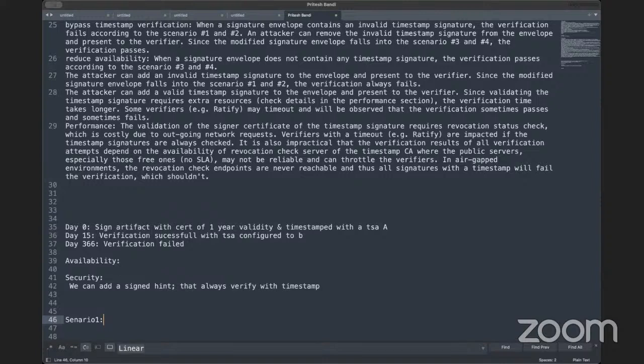Okay, let me put it the other way around. In the alternative which we were discussing, let's say your signing certificate is expired and it was timestamped. Now someone goes and replaces the timestamp with another timestamp and you trust both timestamp servers. Does the security still apply in that scenario?